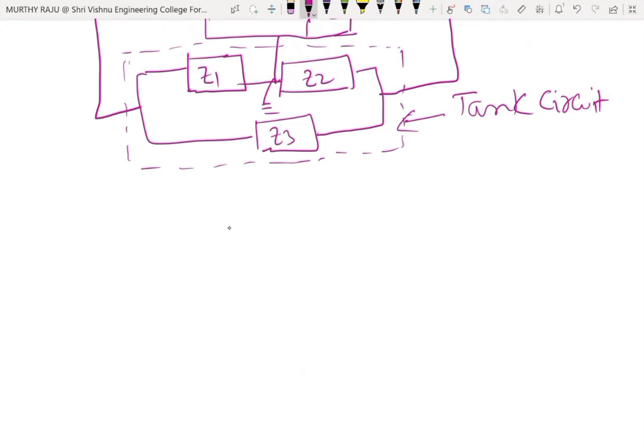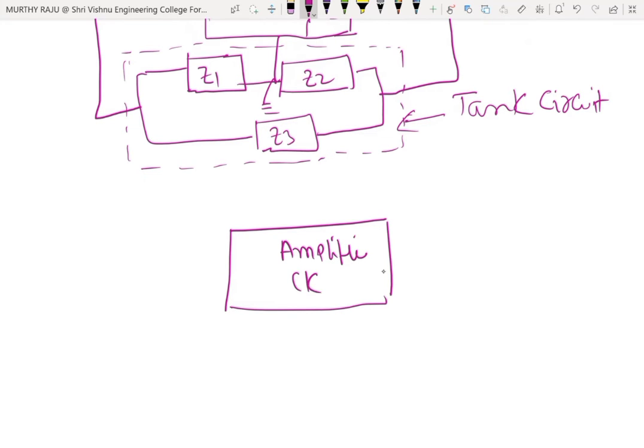Here is a general oscillator circuit. This one is an amplifier circuit. The output of the amplifier circuit is like that. Input to the amplifier circuit is here, Vi. Here V0.